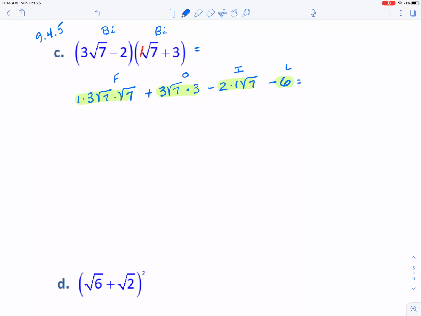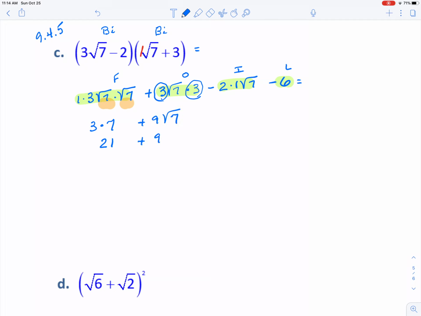All right, so we already talked about what you do when you have this square root of 7 times square root of 7. 1 times 3 is 3. Square root of 7 times the square root of 7 is 7. So this first term is going to end up being 21. On the second term, this 3 is not under the radical. So I will multiply the 3 that's not under the radical by the other 3 that is not under the radical.